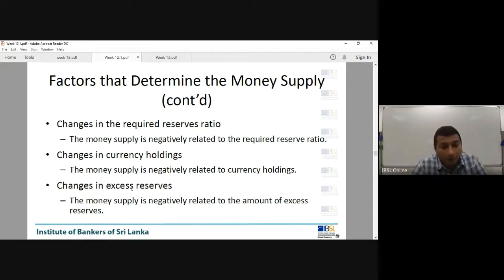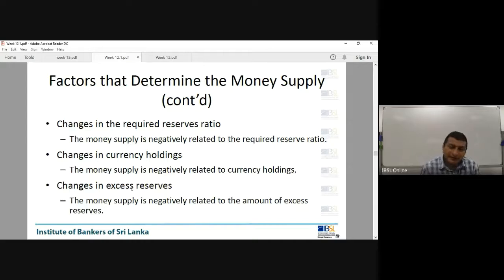So the currency holdings are also negatively related to the money supply, simply because if you keep more in currency form, the more quickly you break down the simple multiple deposit creation probabilities. So the higher the currency holdings, the lower the money supply probability. You see, that is also negatively related. Then the excess reserves.